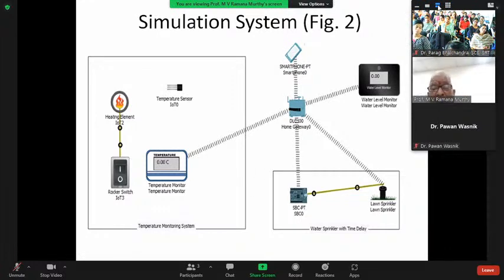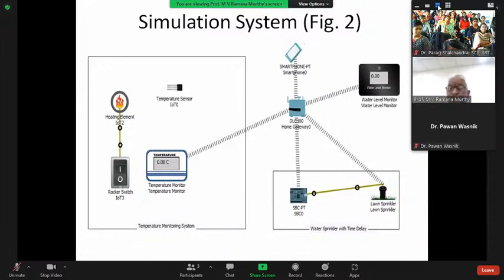The next is a water sprinkler with a time delay. The smartphone is connected to this, the gateway is there, and we use a LAN here, and then the water level can be shown. A water level monitor will be there. Using that, the entire job can be executed. Therefore, it's called a simulated environment.